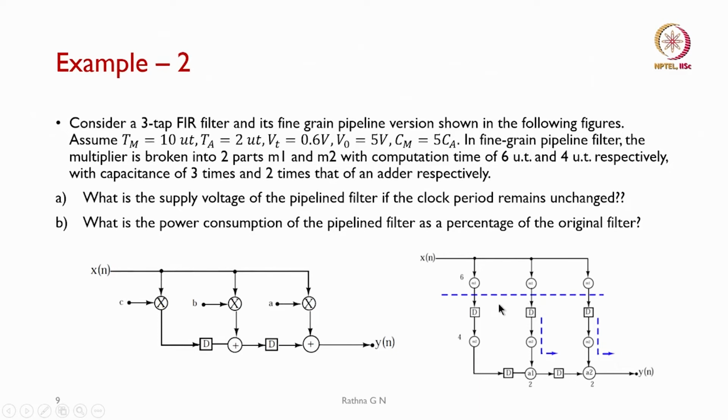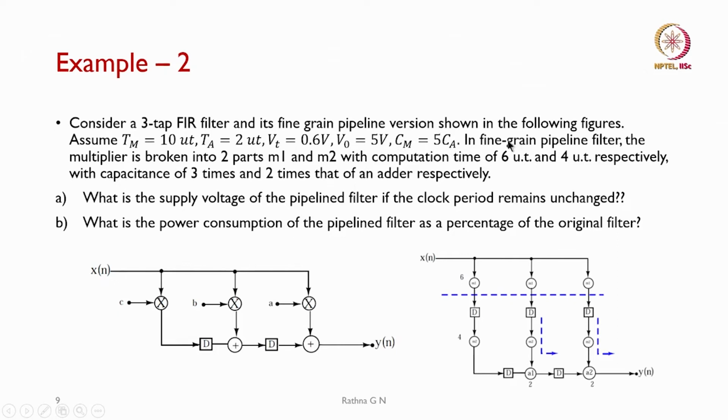The parameters given are: the multiplier takes 10 units of time and the adder takes 2 units of time, the threshold voltage is 0.6 volts, the supply voltage V naught is 5 volts, and the capacitance of the multiplier is 5 times that of the adder.